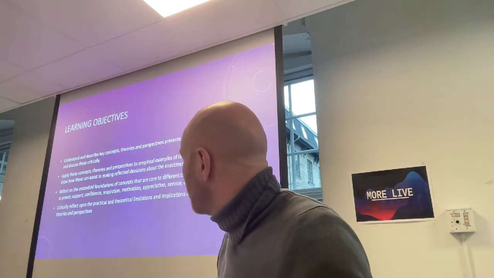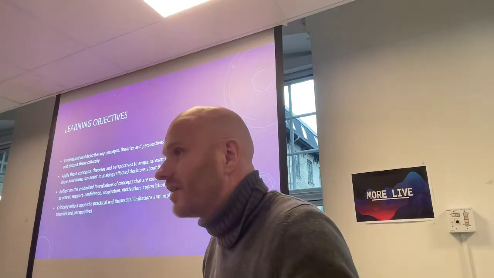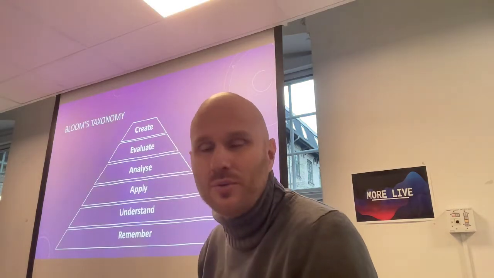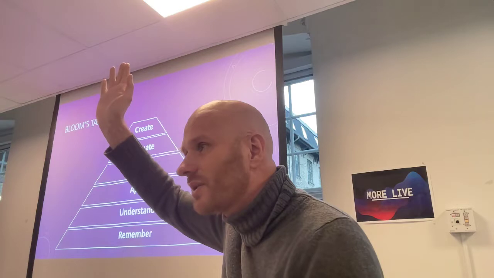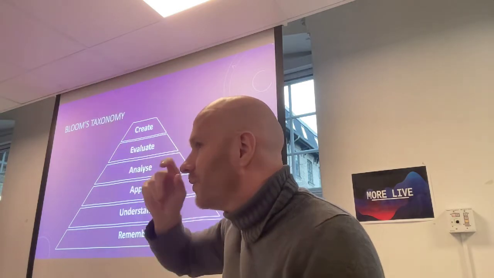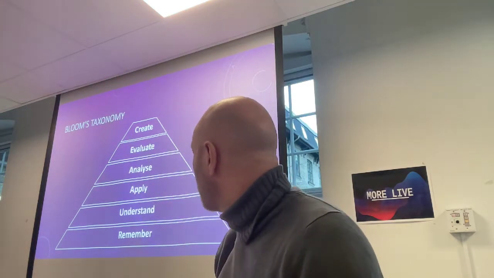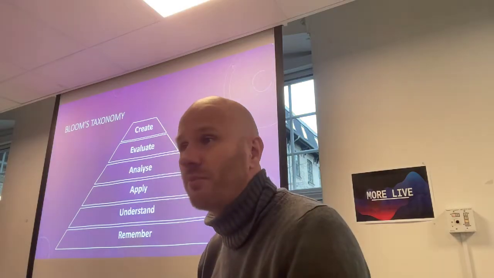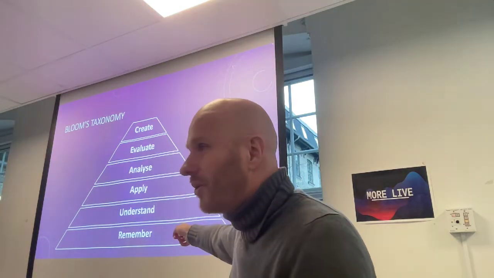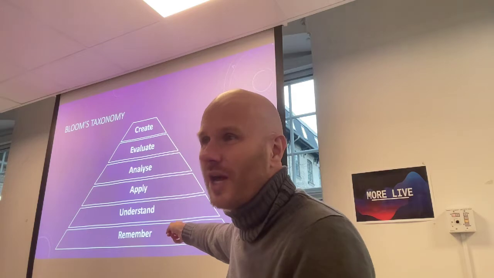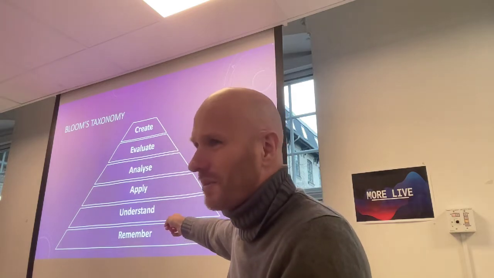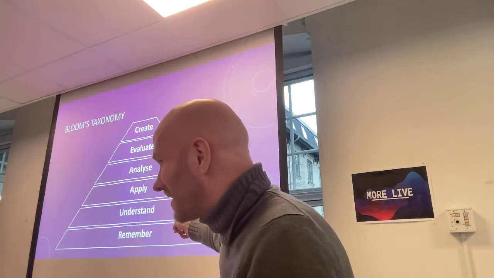Okay, these learning objectives are based on something called Bloom's taxonomy. How many know Bloom's taxonomy? Okay, Bloom's taxonomy is basically just: what do you get most points for? If you can remember the concepts, you get a few points, right? At least you can remember them. That doesn't always happen.